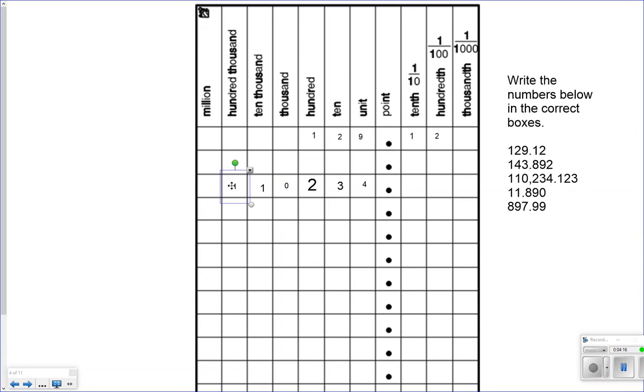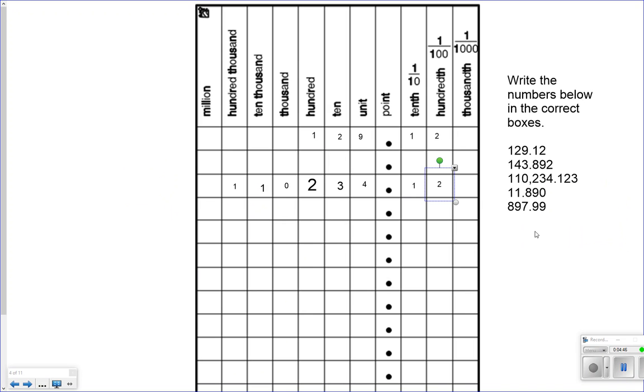We have written the whole part. Now there is the decimal part. The decimal point is already written here. We need to write the decimal part. The first number here is 1. Its place value is tenths. So I write this 1 here in tenths. Okay. And the hundredths here is 2. So I write 2 here in hundredths.